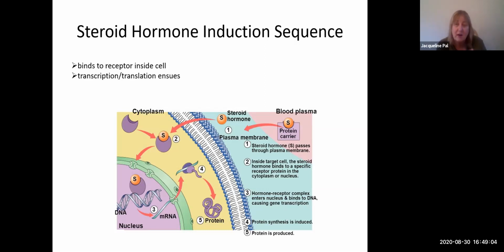The whole thing about steroid hormones is that their receptors are on the inside and they have to trigger transcription and translation within that cell to have any effect. At the end of translation, we form this long chain of amino acids, it gets cut off, and essentially now you have a new protein that was made.